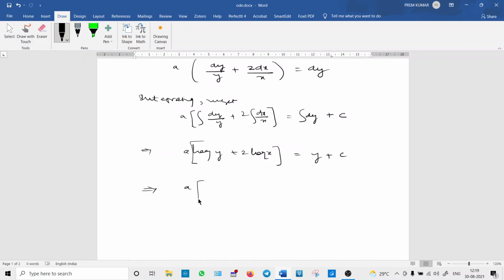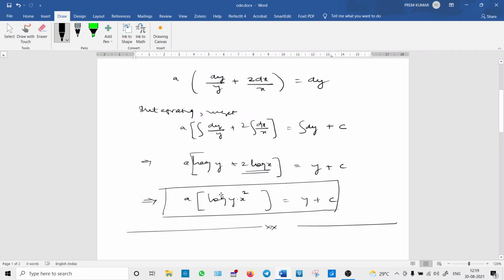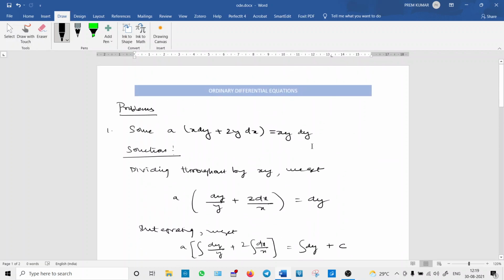I can write it as log y into x square, since log a plus log b is log ab. That's all. This is the required solution. Okay, this is the differential equation in a differential form.